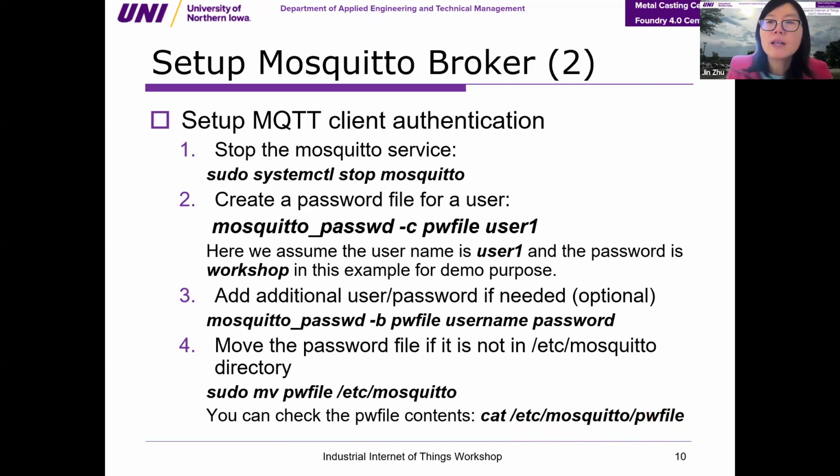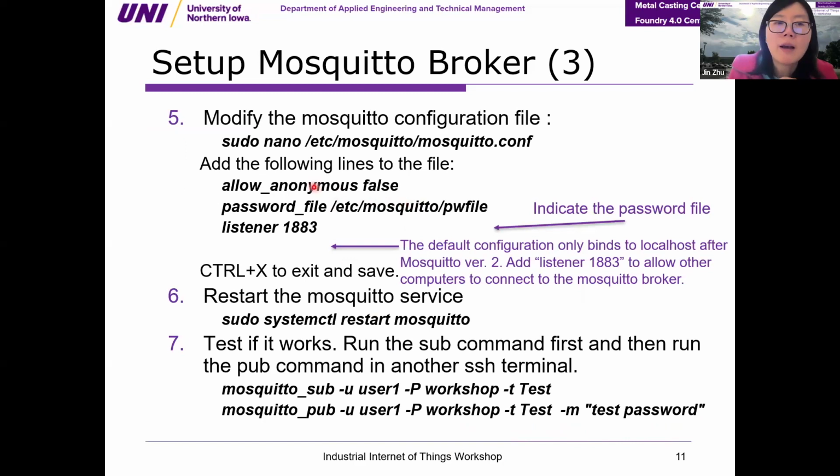So that's the file, and with that information, you have to make sure to add several lines, given over here, in the Mosquitto configuration file. How to edit it is just using nano again, but you do need root, so we use sudo, so that you have root privilege to write the Mosquitto configuration file.